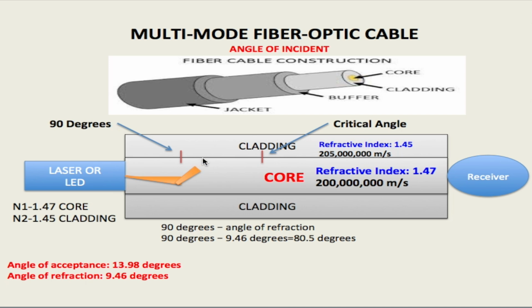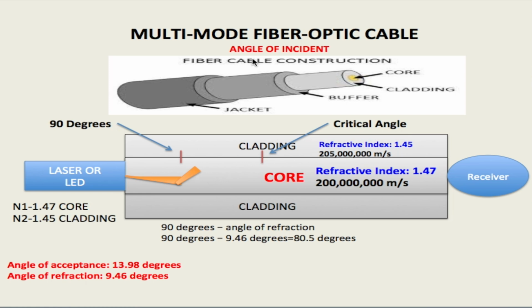If it hits the cladding at an angle between 90 degrees and the critical angle, then it is reflected off the cladding, and it would continue reflecting off the cladding in a sawtooth pattern like this until it reaches the receiver. That is called total internal reflection, and that's how light travels through the core. But if it doesn't, as I said before, it will be lost if it is after 90 degrees or before the critical angle. So it has to be within here.